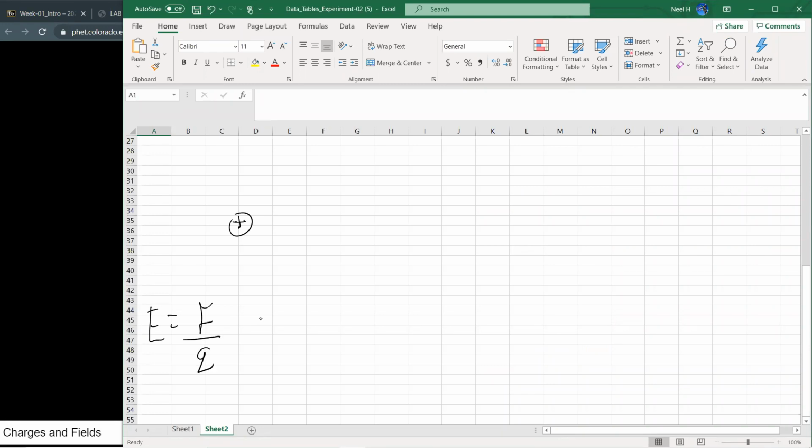So if I have a positive charged particle right here, the electric field by definition should go away from that charge. If I have a negative charged particle, the electric field should go towards that charged particle, okay?